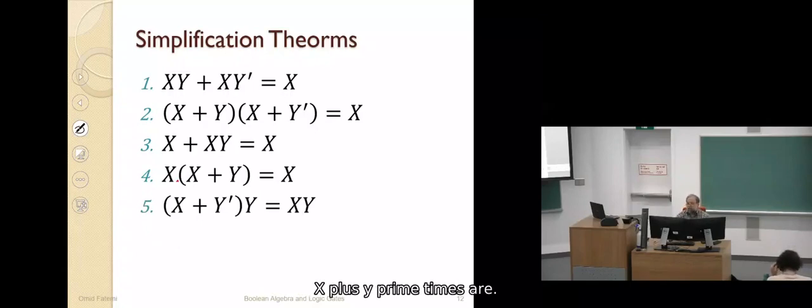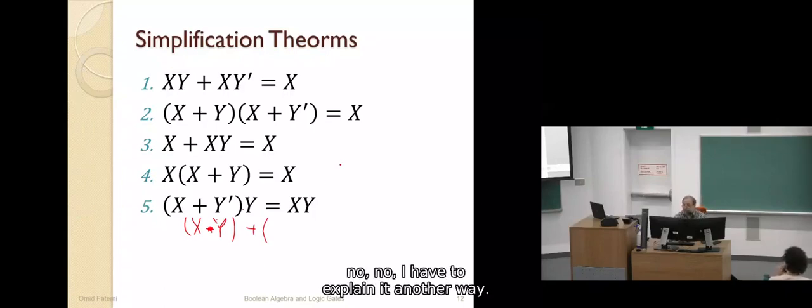This one, x plus y prime times, or AND, y. So we use the distributive property. It becomes x plus... sorry, this is AND. This is AND. x and y plus x. Oh, no. I have to explain it another way.